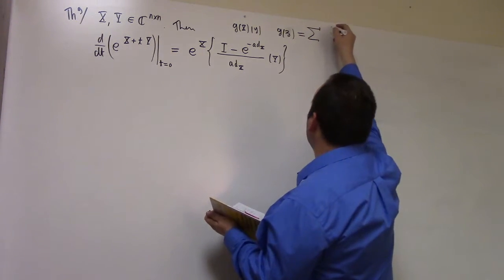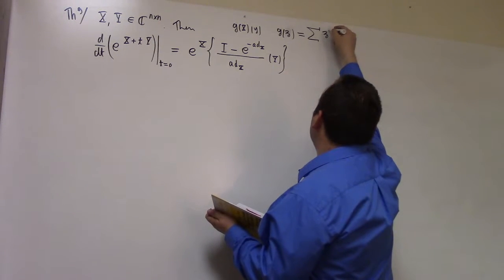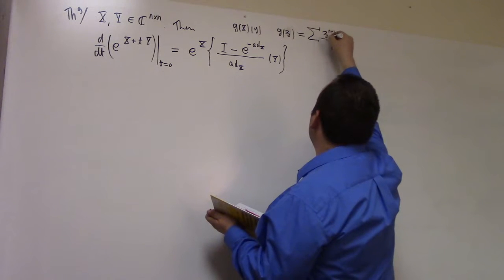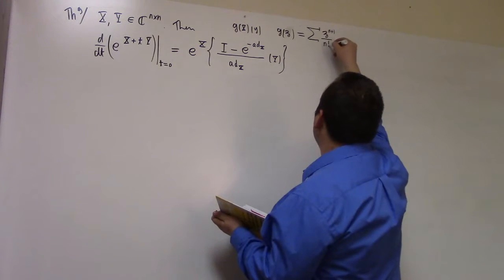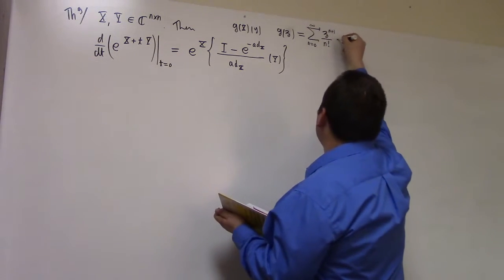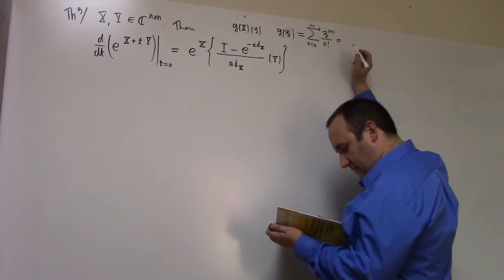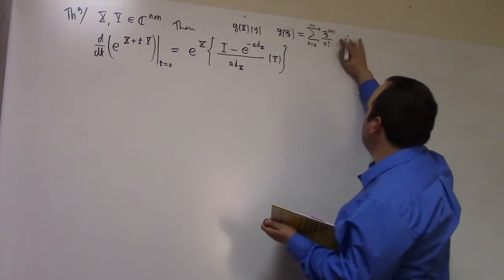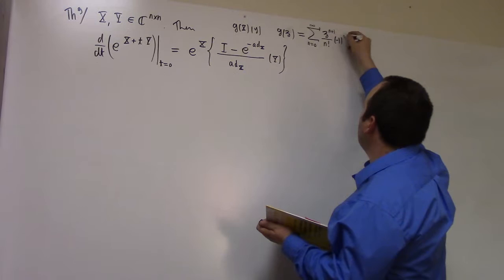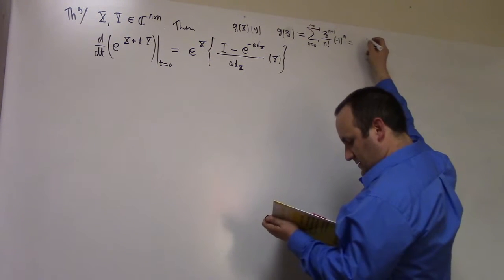It's got exponential coefficients, but shifted off by 1. So it's like z to the n over n plus 1 factorial, I believe, if I remember right, and it's alternating. There's a minus 1 to the n in there as well.